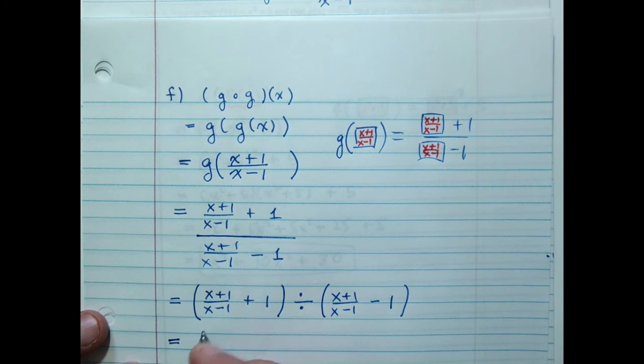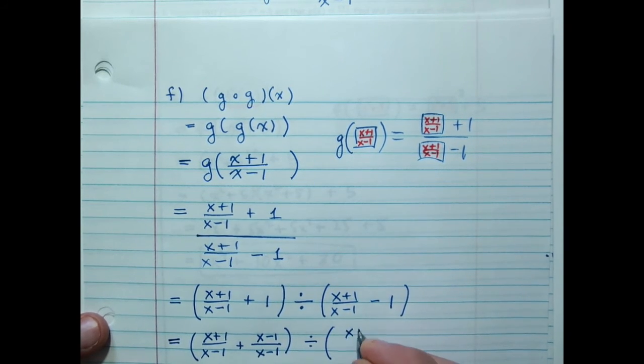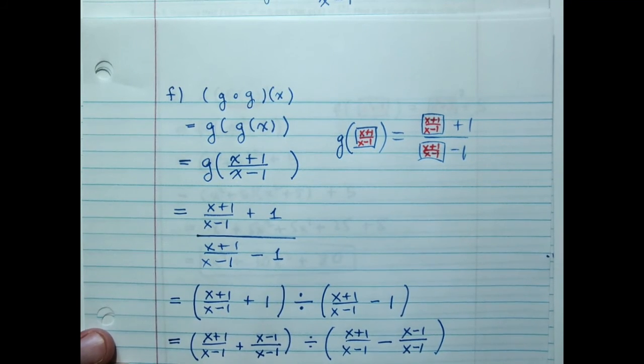It's not too hard to write a 1 as a fraction. I have to use the common denominator of x minus 1. And a 1 is always going to be something over itself. So it's got to be x minus 1 over x minus 1, divided by x plus 1 over x minus 1, minus 1 in this case. Again, same denominator. So I write x minus 1 over x minus 1.